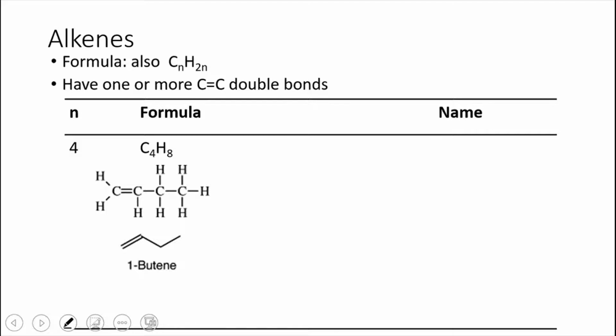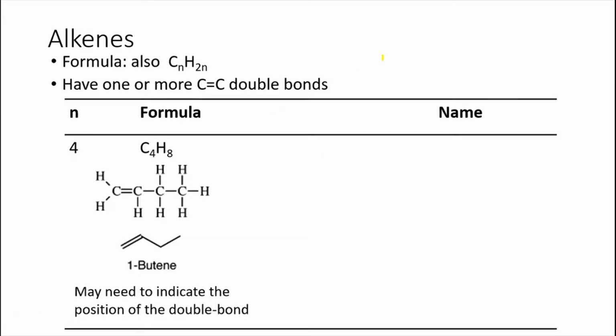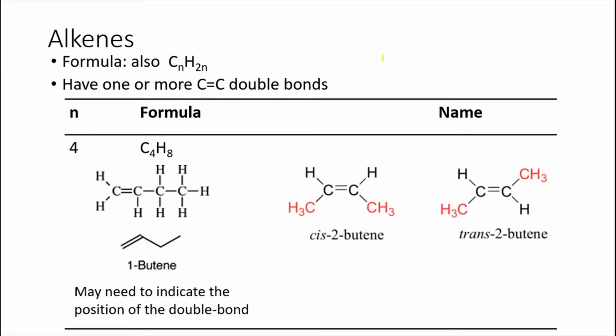And we call this compound 1-butene. In other words, we've had to indicate the position of the double bond. Why? Well, because we have another option. We could have placed the double bond between carbons 2 and 3. And in that case, we would generate 2-butene.